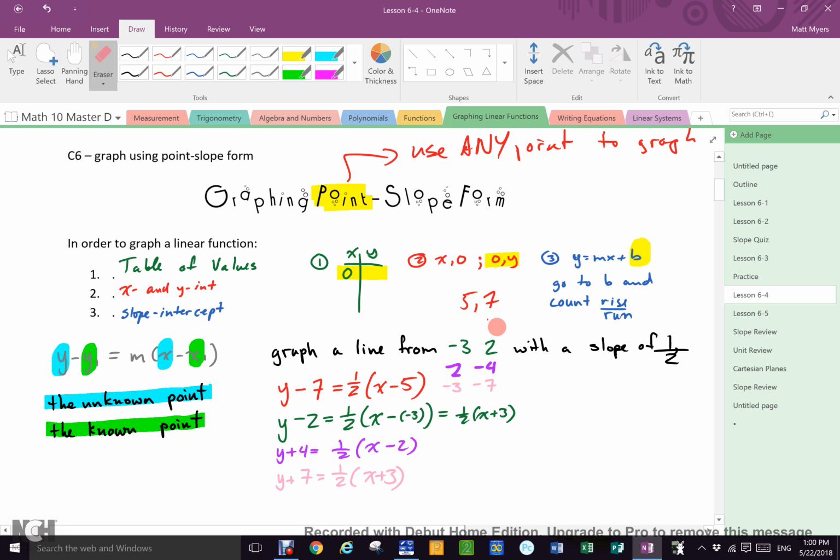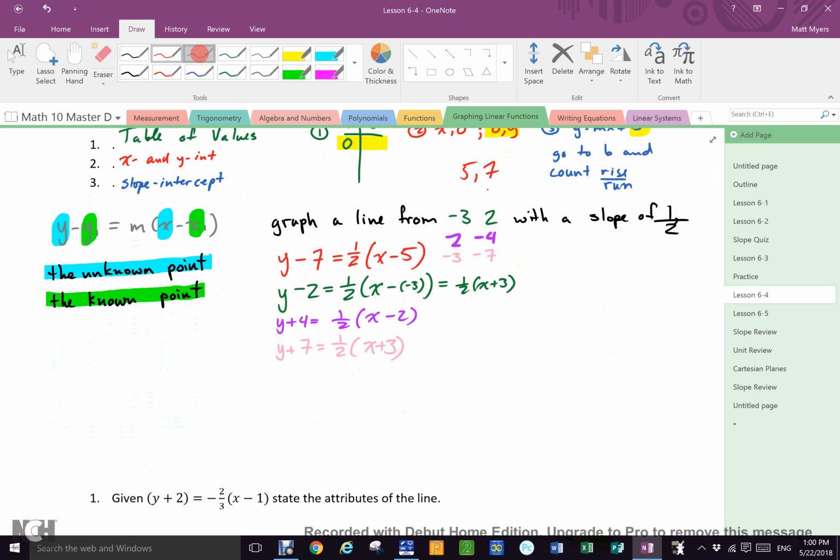It changes sign. Right? So what then, using your logic and your intelligence, if I wanted you to graph this, what point would you start at on the graph?